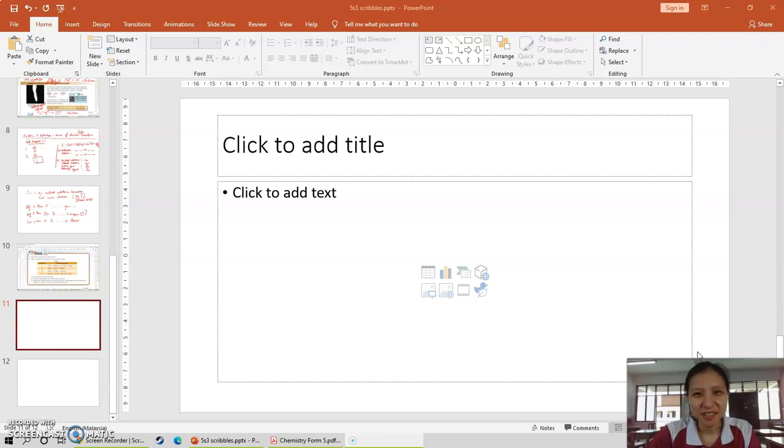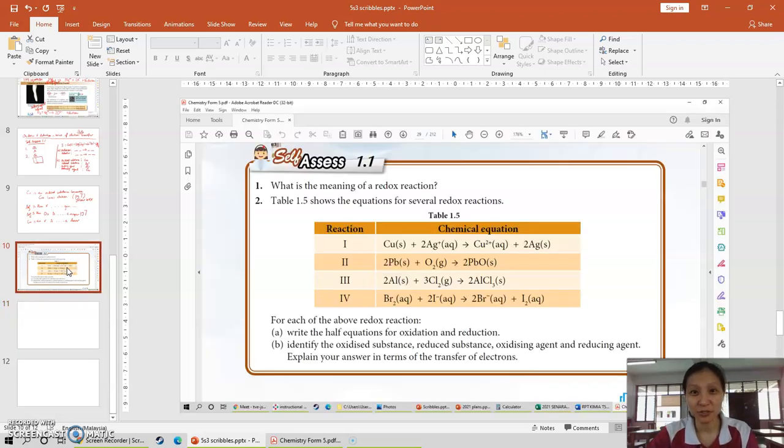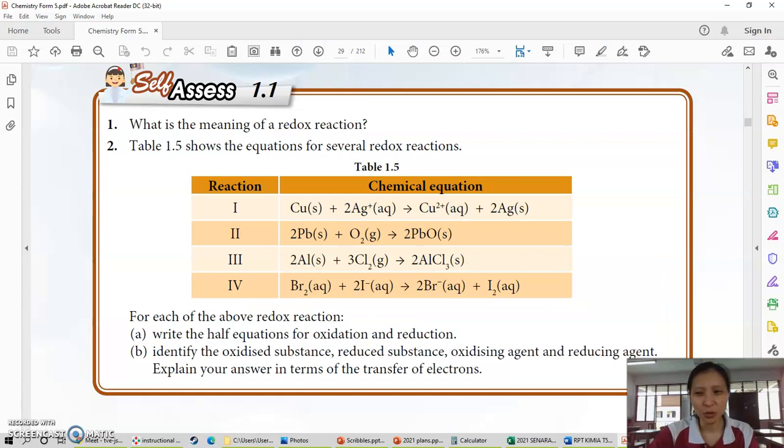So there's been a little bit of confusion about how half equations should be written. So what I want to do today is explain a little bit more about how you can write half equations. Okay, so the exercise given to you last lesson was self-access 1.1.